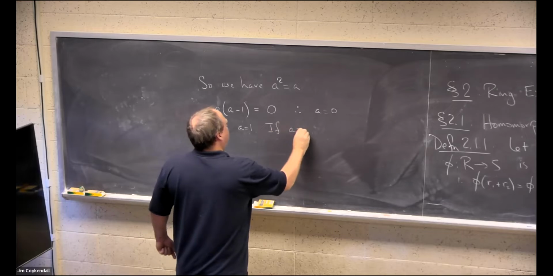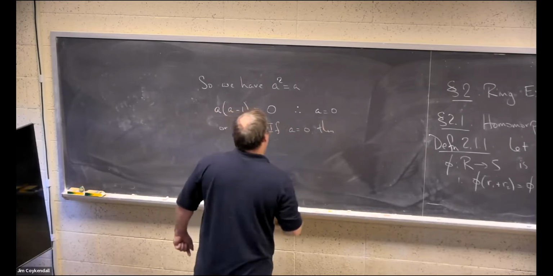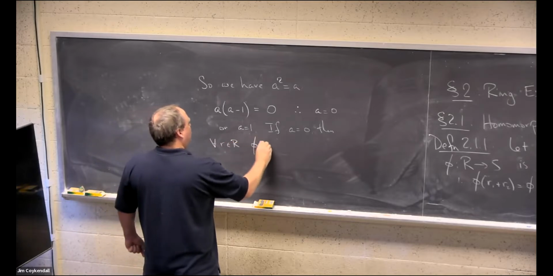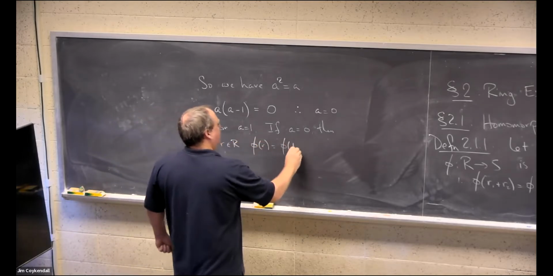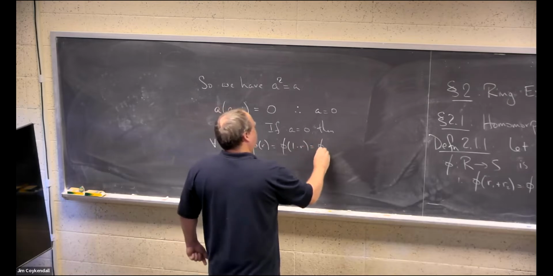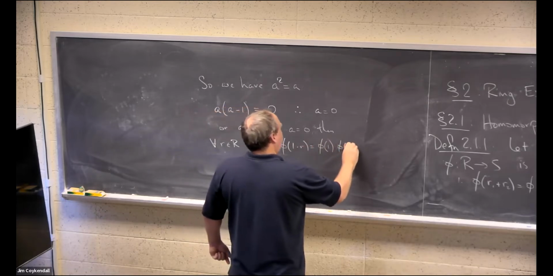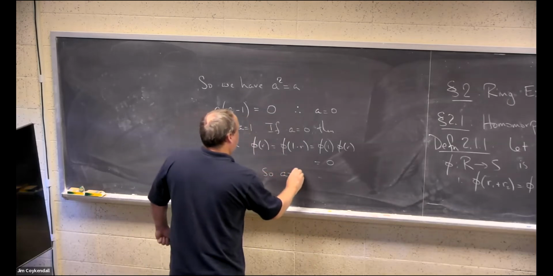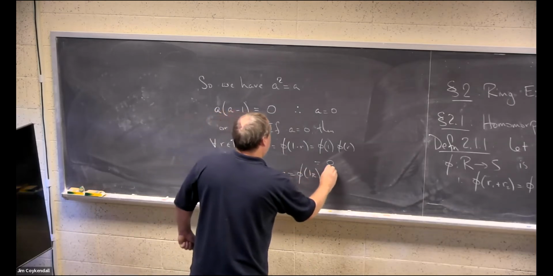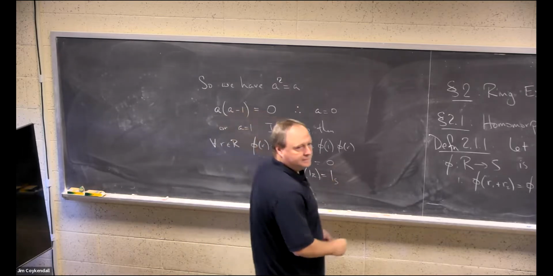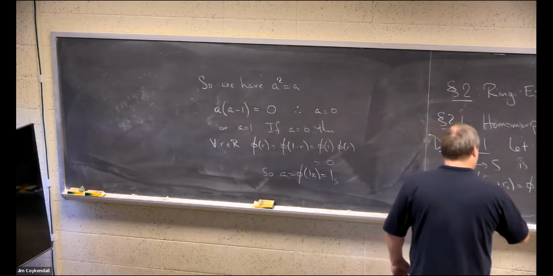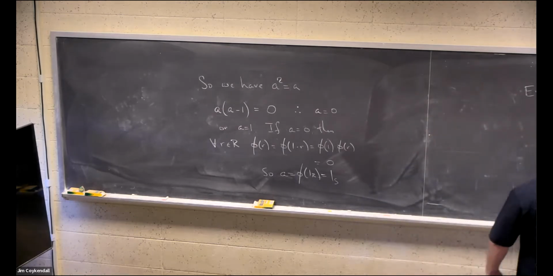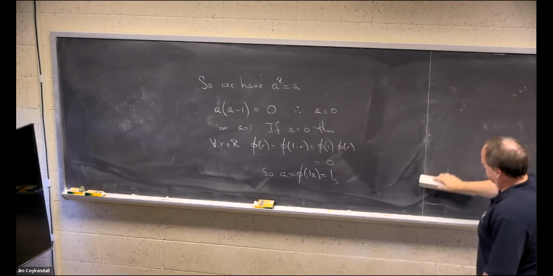If A equals 0, then for all r in R, phi of r equals phi of 1 times r, which equals phi of 1 times phi of r, which equals 0. So phi would be zero. In other words, if you assume that the homomorphism is not 0 and your codomain is an integral domain, then you've got no choice but to take identity to identity.